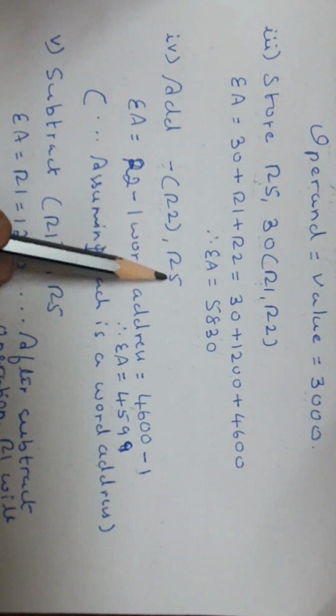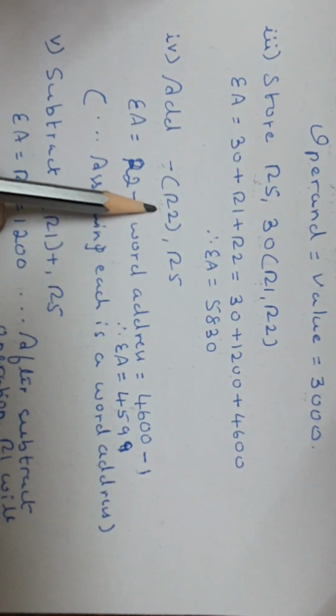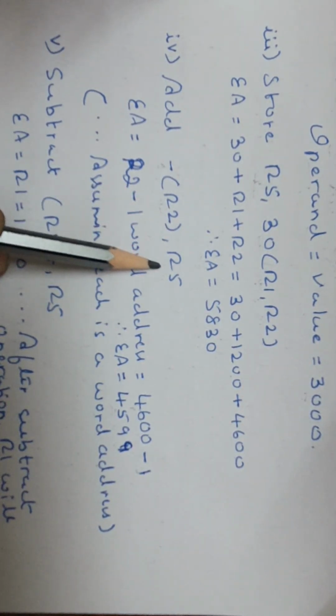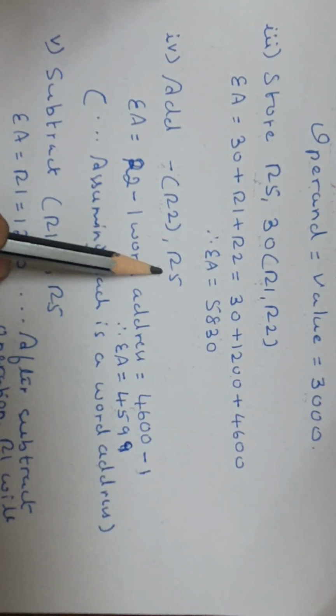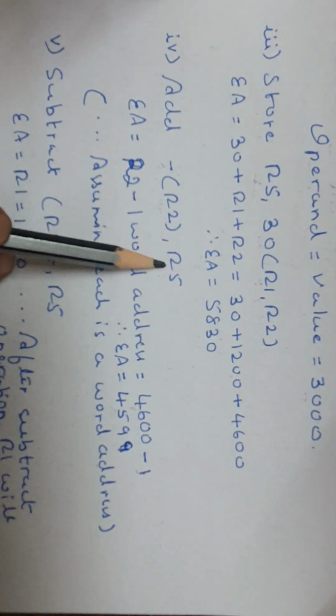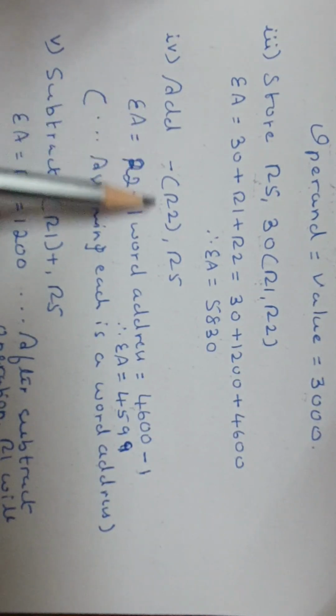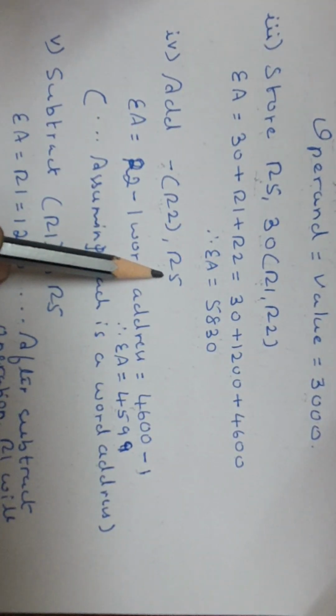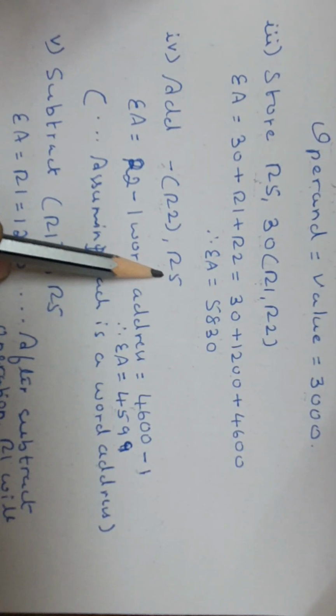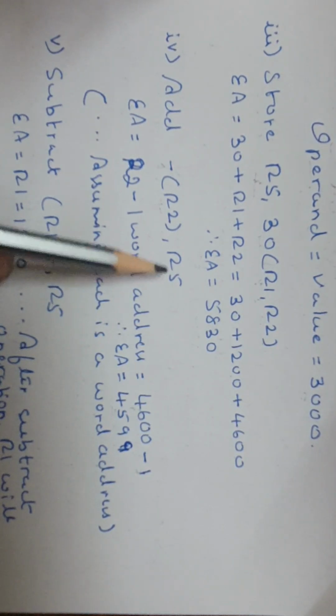So from that memory location, the content is added to R5 and the result is kept back in R5. This only is the destination. This plus this is done because it is add operation and result is kept back in R5 only. That is processor register R5 only. Okay.